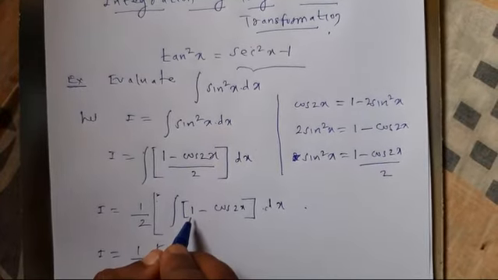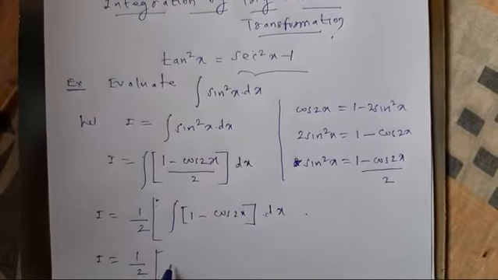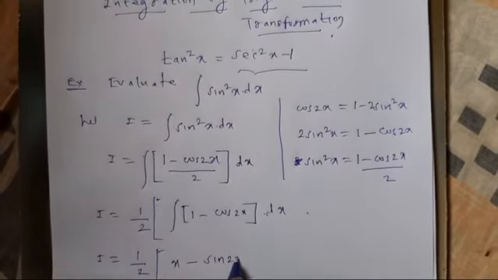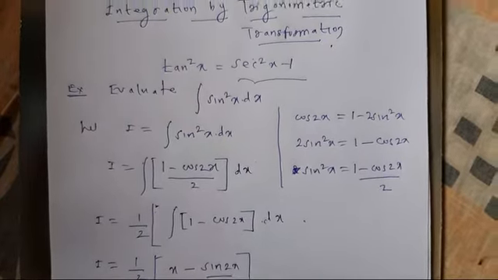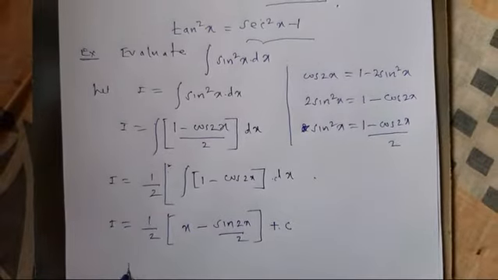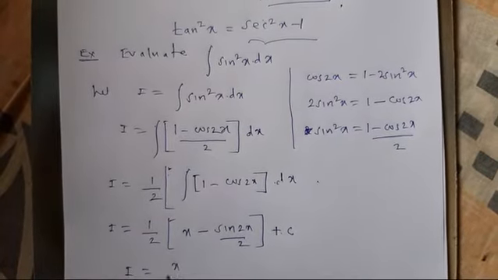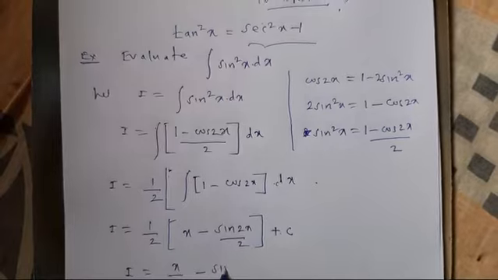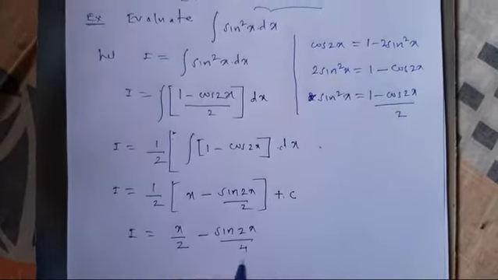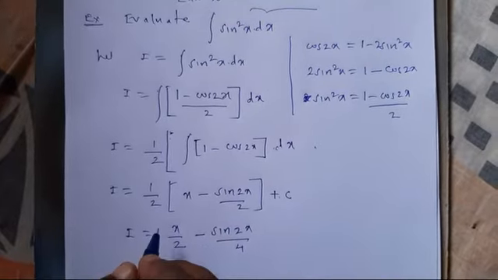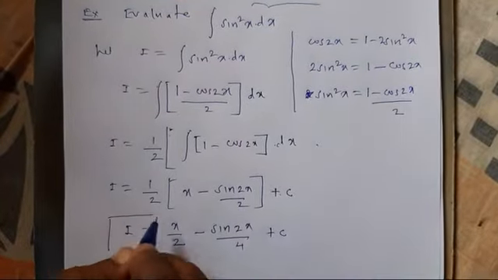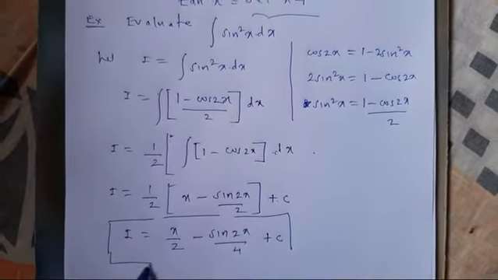I will integrate the first term 1 with respect to x, that is x, minus integration of cos 2x is sine 2x upon 2, plus some integration constant c. Therefore I is equal to x upon 2 minus sine 2x upon 4, I will multiply 1 upon 2 to both the terms, plus c. So this is the required answer.